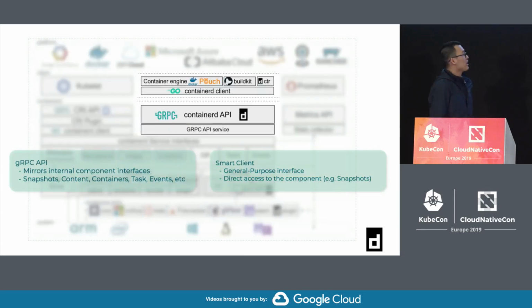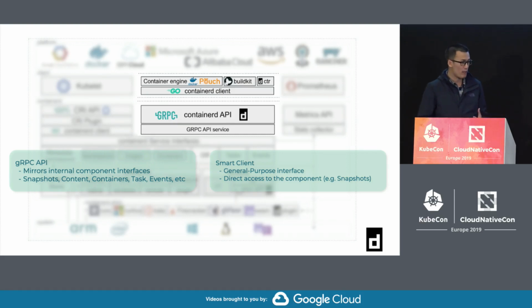In containerd, every component maintains very low-level resources like image local storage, image metadata, and container configuration, and provides a very stable and reusable API. containerd mirrors the internal component interfaces to the gRPC interfaces, so the client can access any kind of resource by gRPC call as they want.